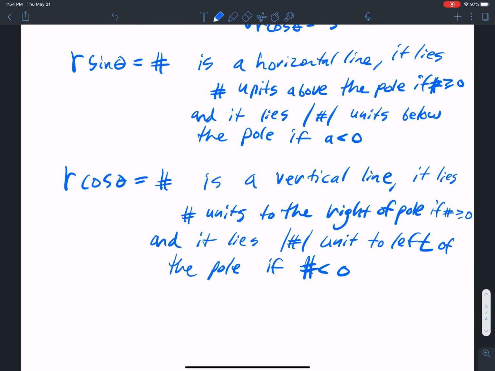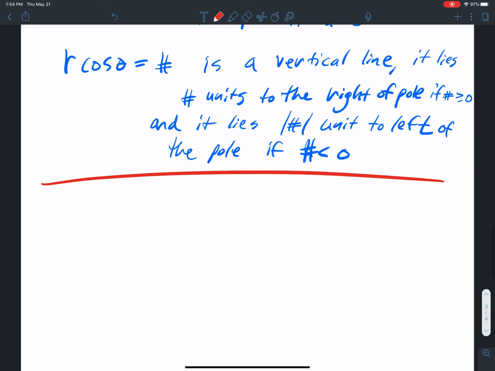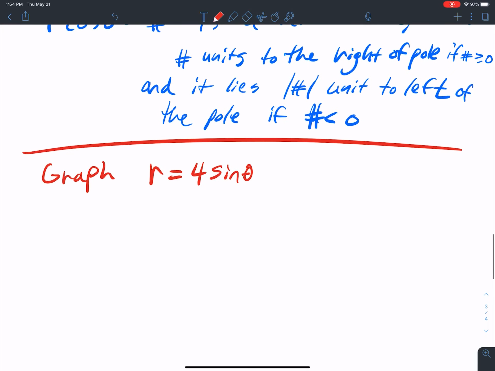So now let's do another type of graph. We're going to graph r equals 4 sine theta. Try to figure out what's going on here. Well, I'm kind of missing my r's now. Let me replace sine theta. Sine theta is y over r.